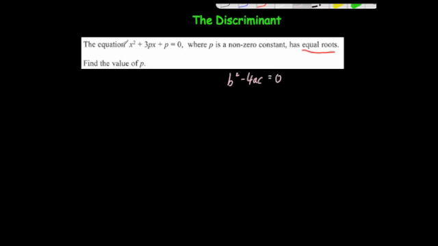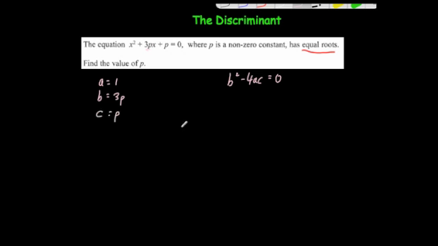Next, let's have a look at the quadratic, the equation, and let's identify what a, b, and c are. So a is the coefficient of x squared, which is 1. b is the coefficient of x, so the thing in front of the x is 3p. And c is the constant on the end, which is equal to p.